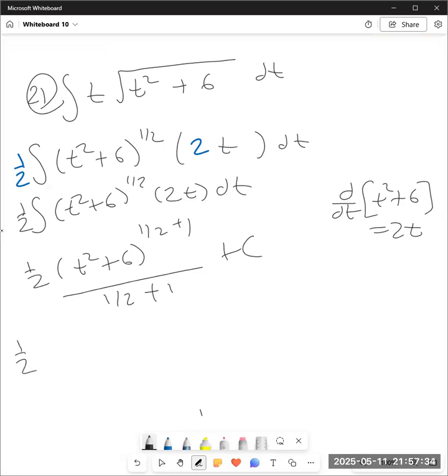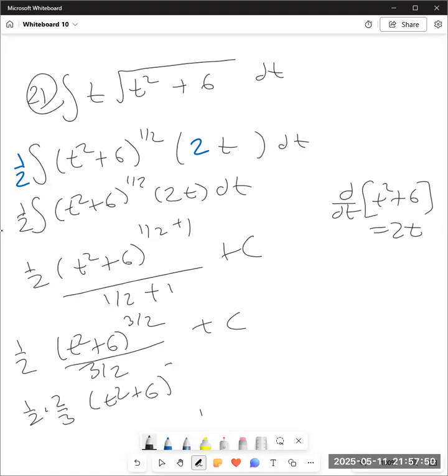That is 1/2 times (t squared plus 6) to the 3/2 over 3/2 plus c, which is 1/2 times 2/3 times (t squared plus 6) to the 3/2 plus c. The 2's will cancel and leave me with 1/3 (t squared plus 6) to the 3/2 plus c.